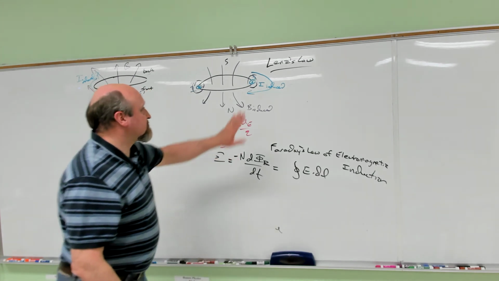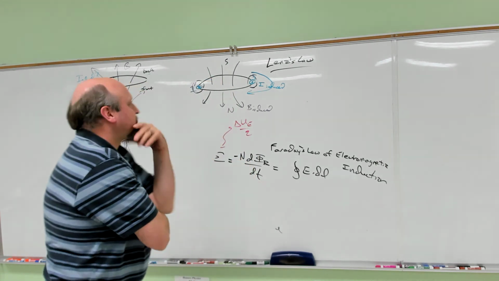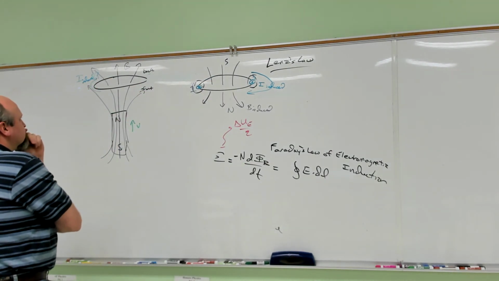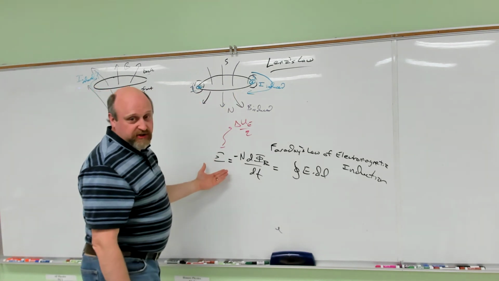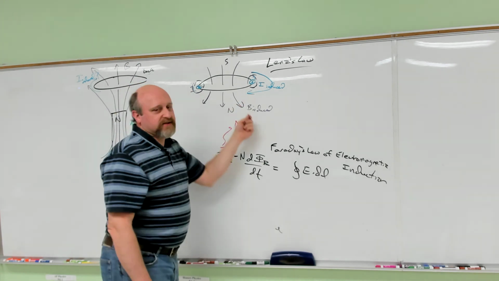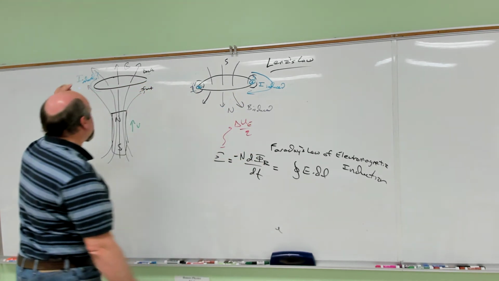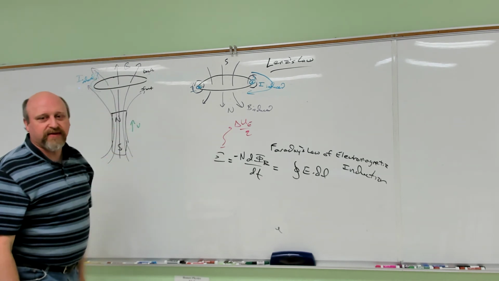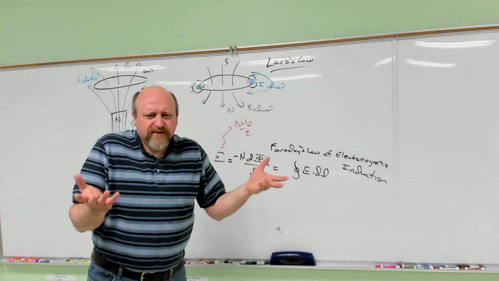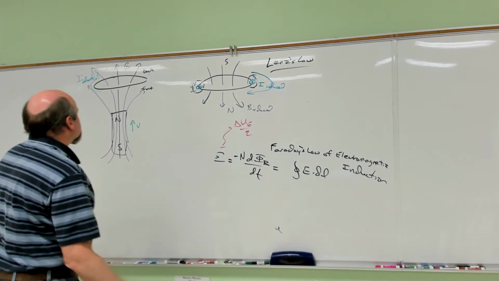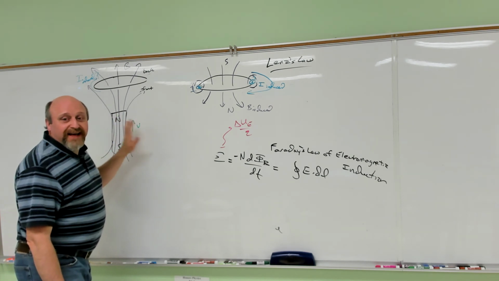So, Lenz's law. I'm now going to tell you what Lenz's law says. Lenz's law says that the induced current, or the induced voltage, is such that it creates a current whose magnetic field opposes the change in flux that made that voltage happen in the first place. Yeah, I know. When you see it written out, it's confusing. Essentially, what I'm saying is, it always is going to try to fight against what you're doing, fight against the change.